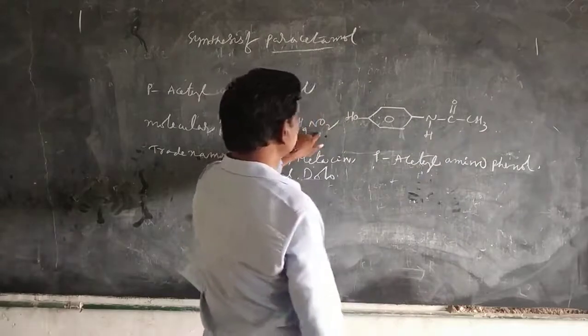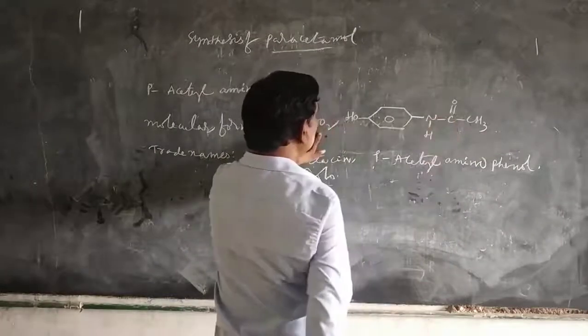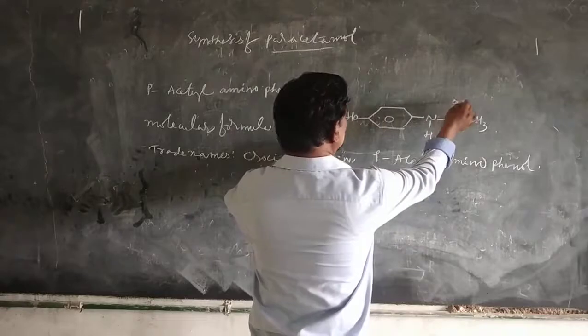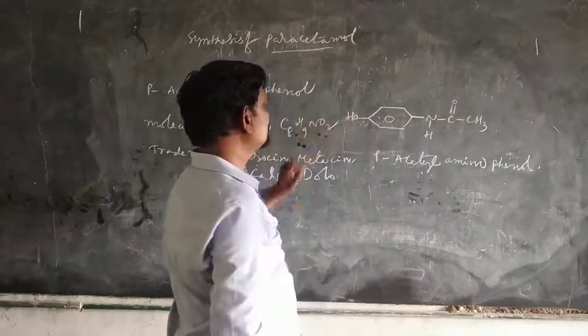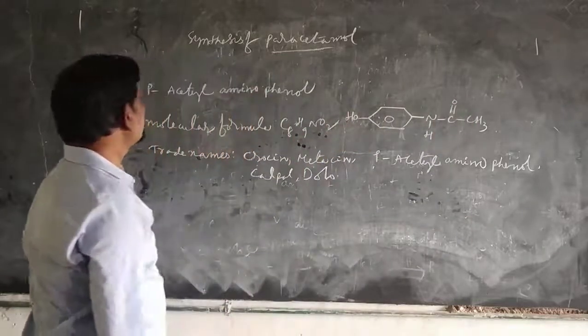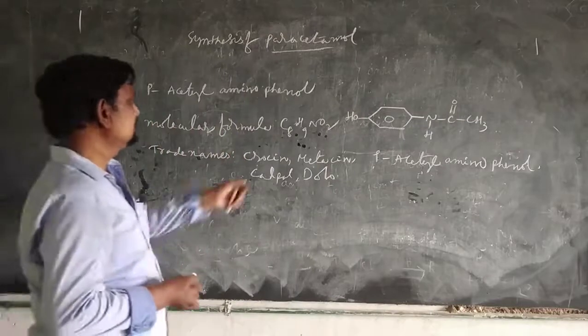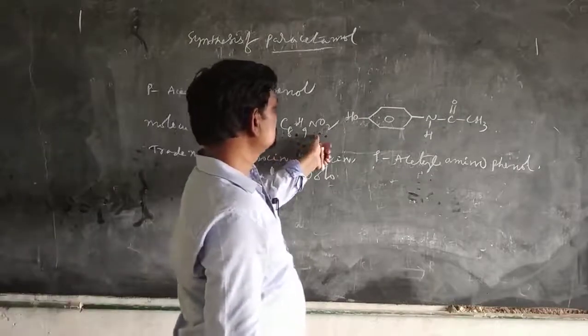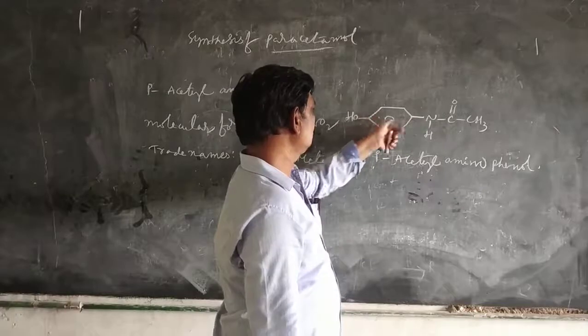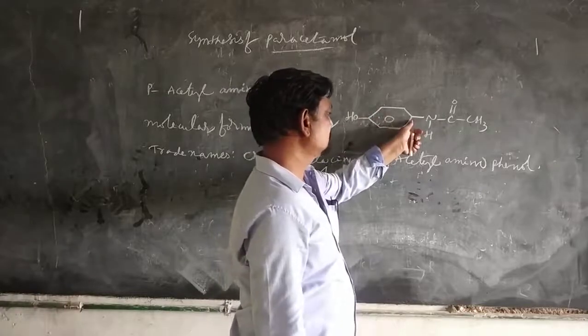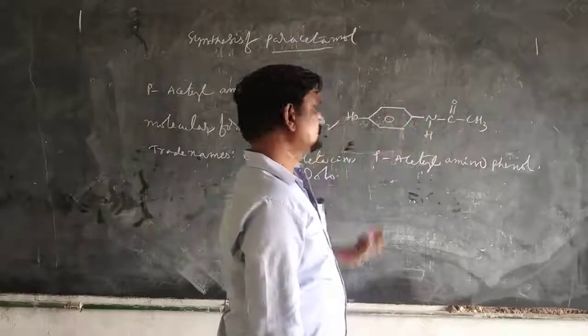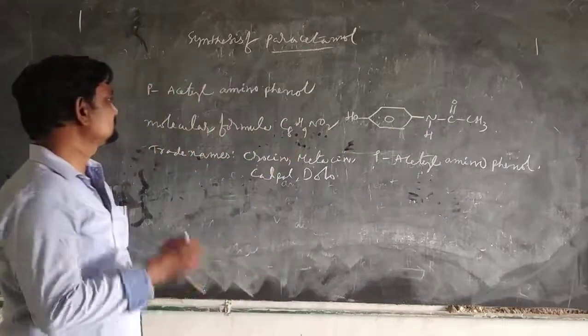Nitrogen is there, and oxygen 1 and another oxygen 2. So the structure is satisfied. Paracetamol molecular formula C8H9NO2. Basically a phenol ring attached at the para position to an acetyl group and amino group. This is known as paracetamol.